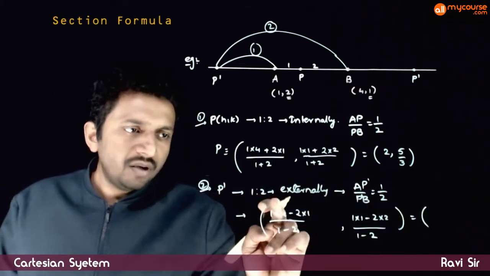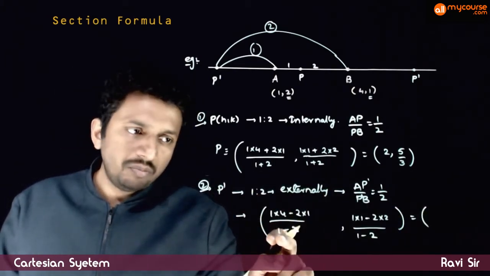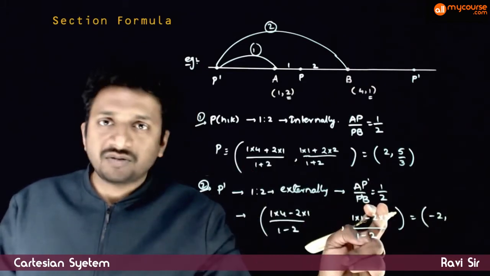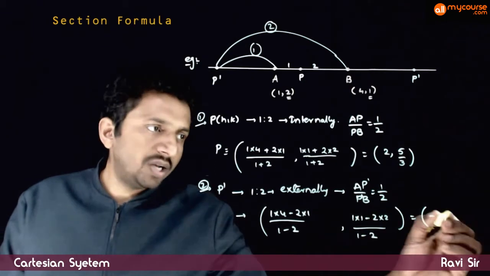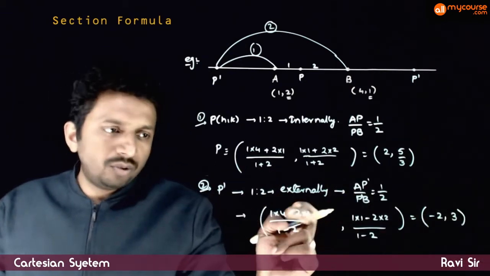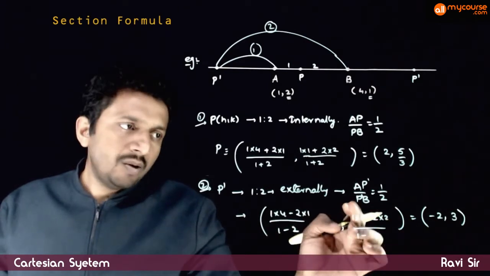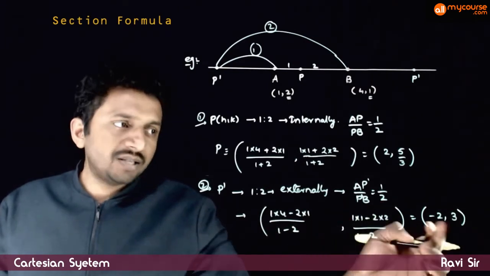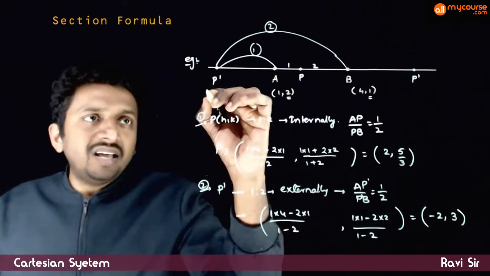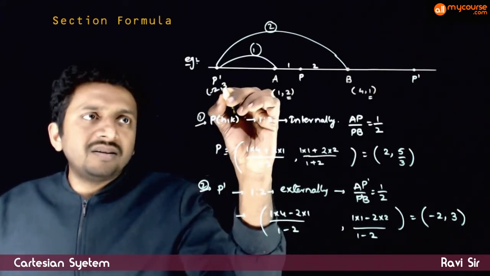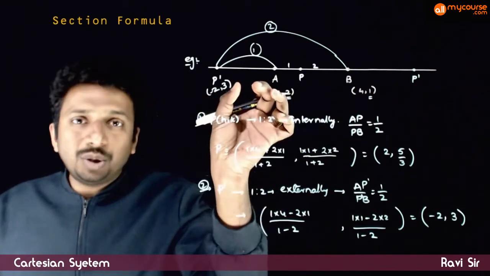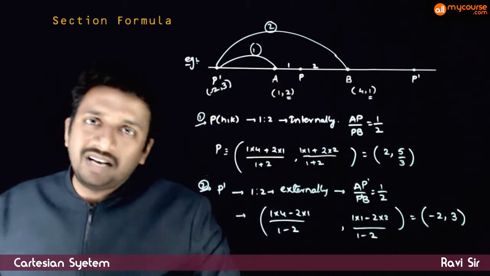That is equal to 4 minus 2 is 2 by minus 1, that is minus 2. And 1 minus 4 is minus 3 by minus 1 is plus 3. So (-2, 3) is the point P dash which divides AB in the ratio 1:2 externally.